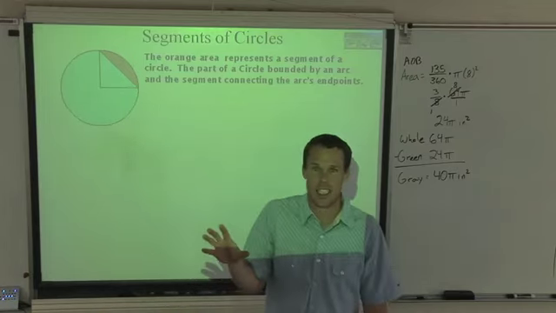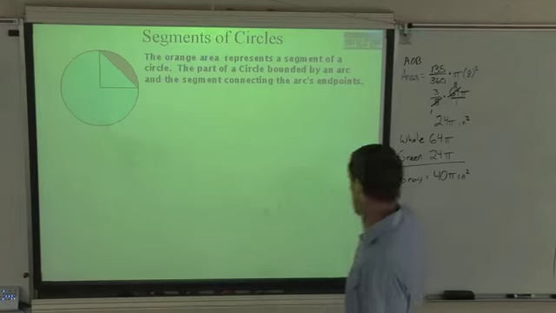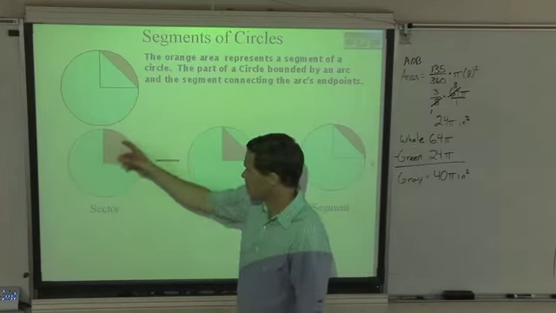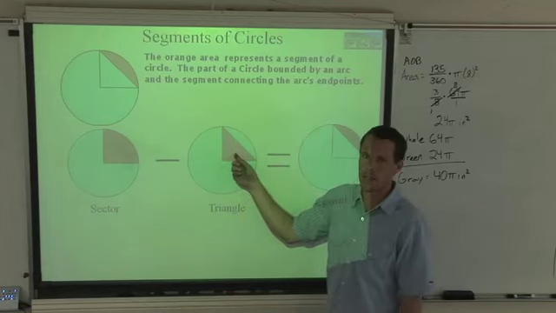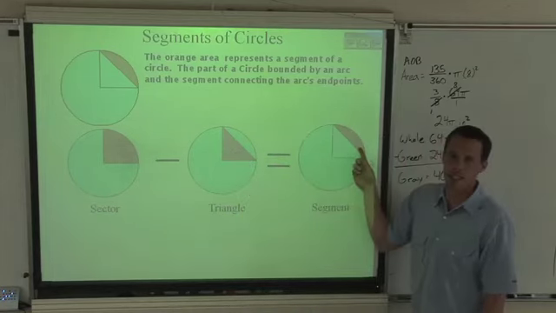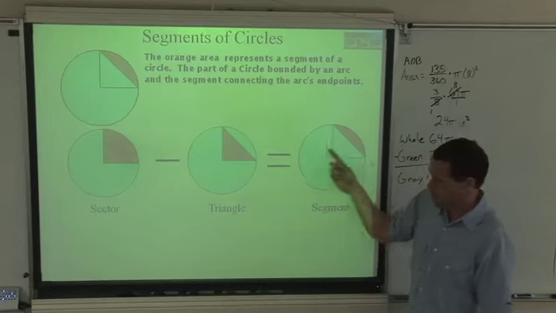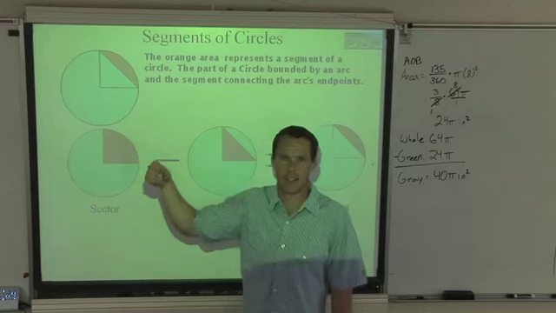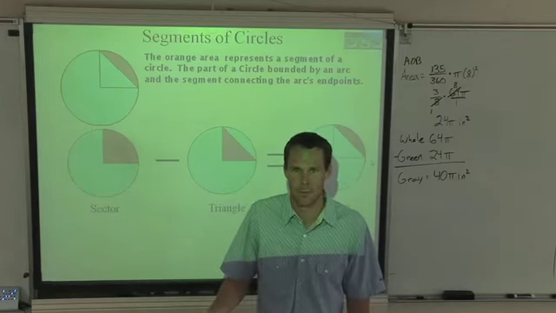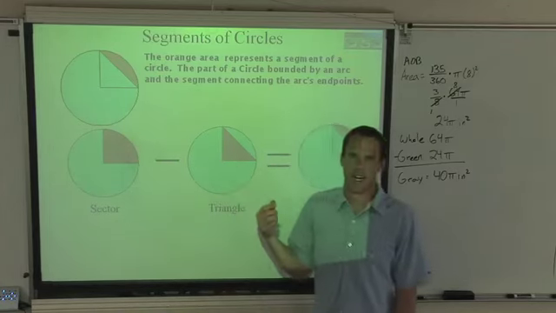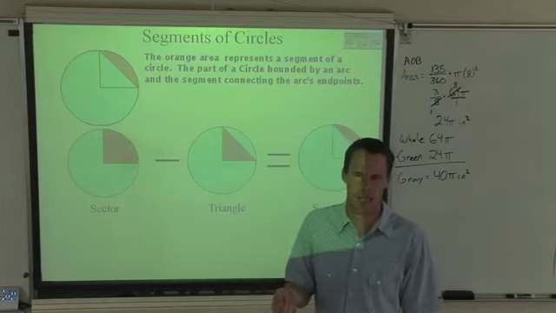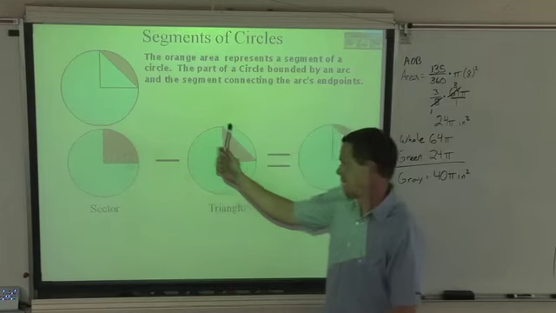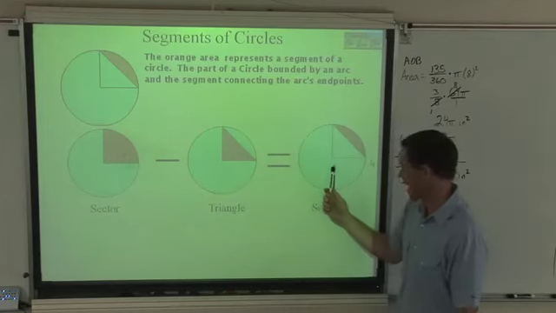A lot of people see the segment section of a circle like this: they see it as a sector, and then we punch out the triangle, and we're left with a segment. Well, we just learned how to find the sector area by using the fraction of the circle times pi r squared. We know how to find the area of a triangle, 1/2 base times height. So, sector minus triangle equals segment.